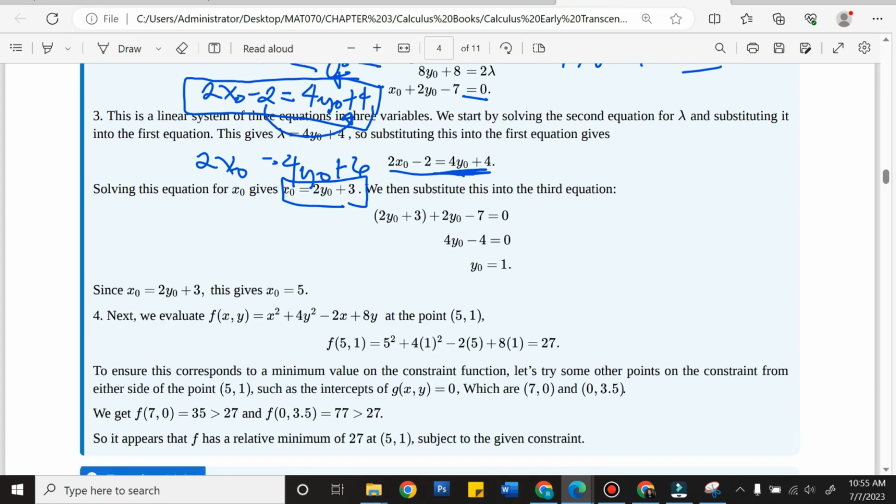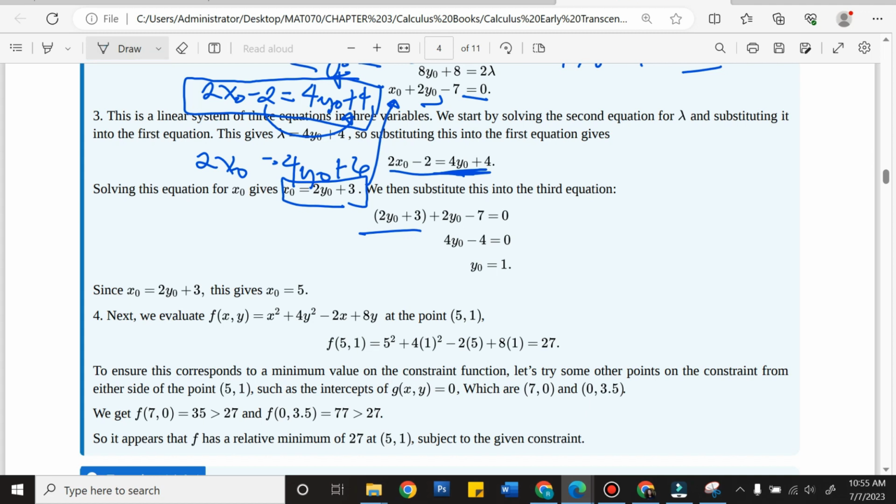After this, class, we substitute this into the third equation. Okay, so we have x sub o here. So, let's replace x sub o in our constraint. So, you will have 2y sub o plus 3 plus 2y sub o minus 7 equals 0.